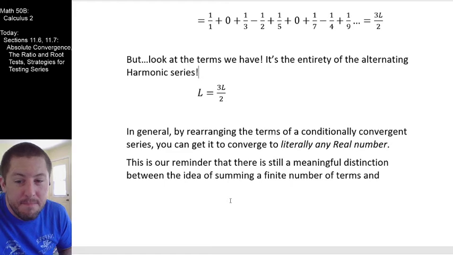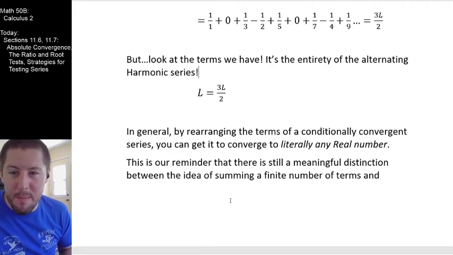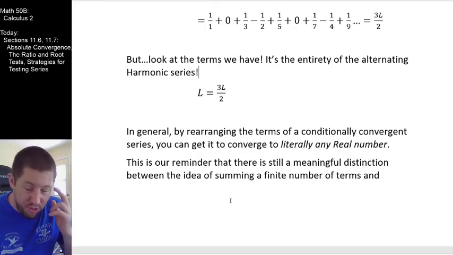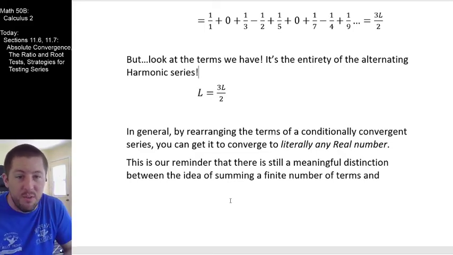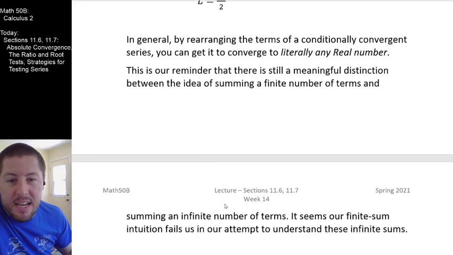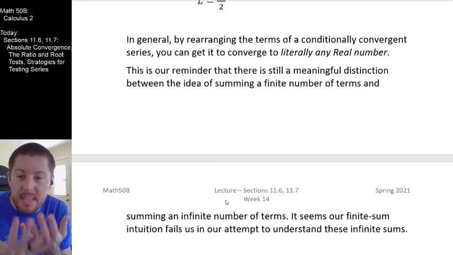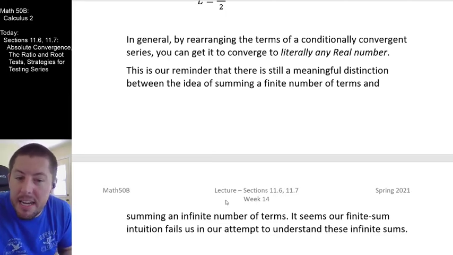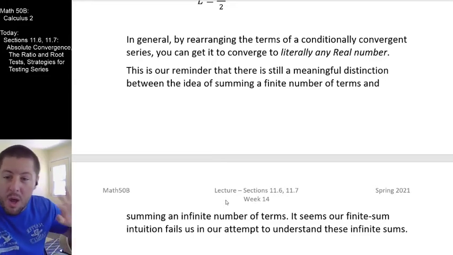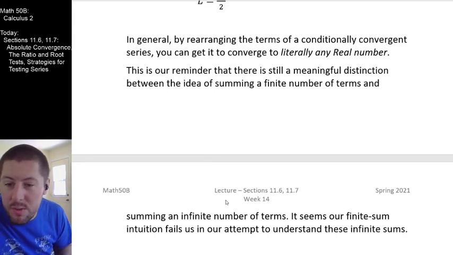That's crazy. So, this is sort of our concluding reminder now that we are wrapping up the first 2/3 of chapter 11 to remind you there is still a meaningful distinction between the idea of summing a finite number of terms where you can measure every one and see the final measurement, and summing an infinite number of terms where it seems like there's some screwiness going on way out there in the infinity of terms that's making something happen that disagrees with your basic intuition of how addition works.